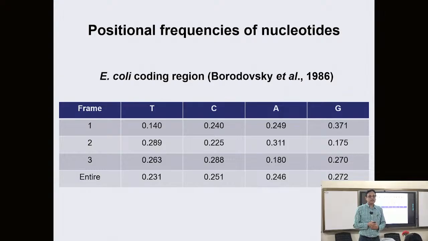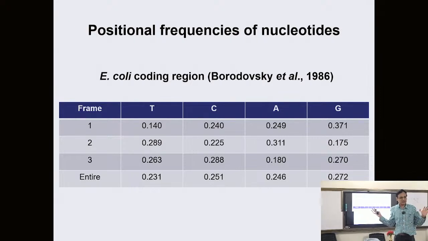And what are the stop codons? TAA, TAG, TGA, so they always start with T, at codon position 1, right? So if you look at position 1, the frequency of T is much lower. So maybe that is contributing to that, among many different reasons.